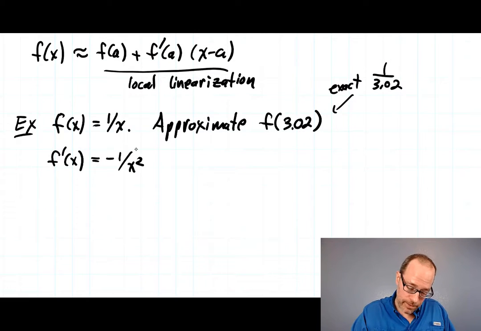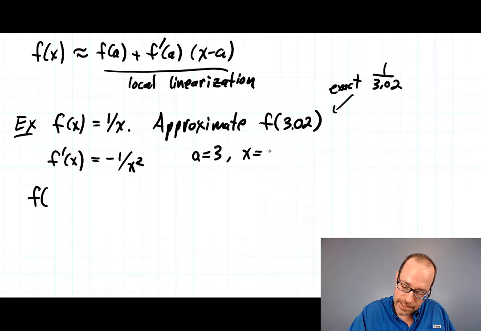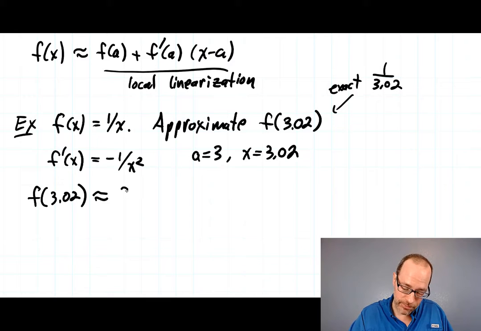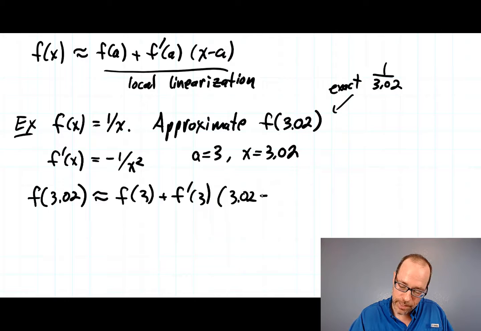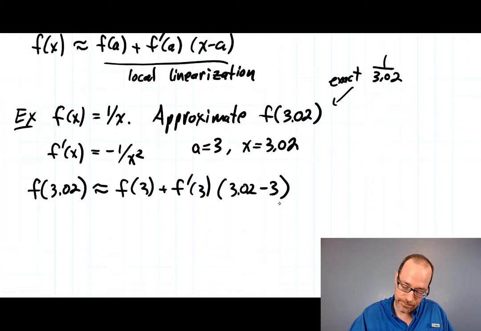But then the approximation is pretty easy because, in terms of the notation above, by the way, we're using a equal to 3 and x equal to 3.02. All right. So the thing we're trying to approximate is f of 3.02. And by this formula up above, it's f at 3 plus f prime at 3 all times x, 3.02, minus a, which is 3.